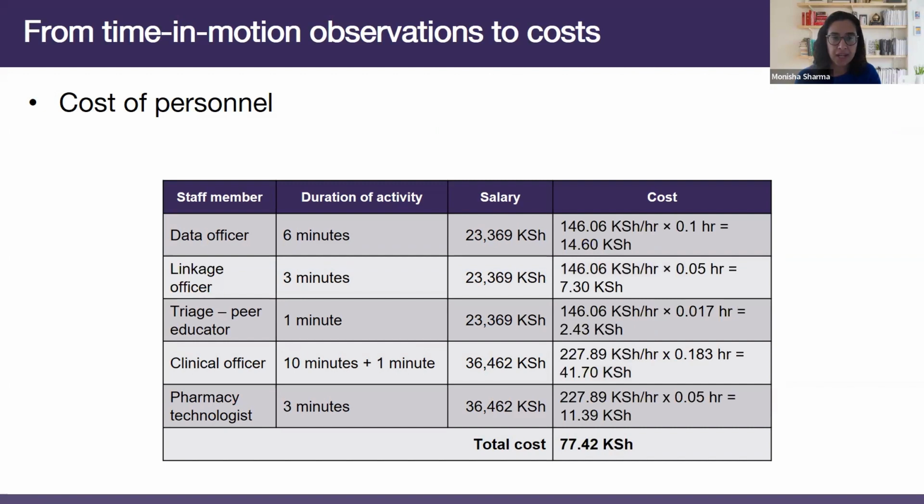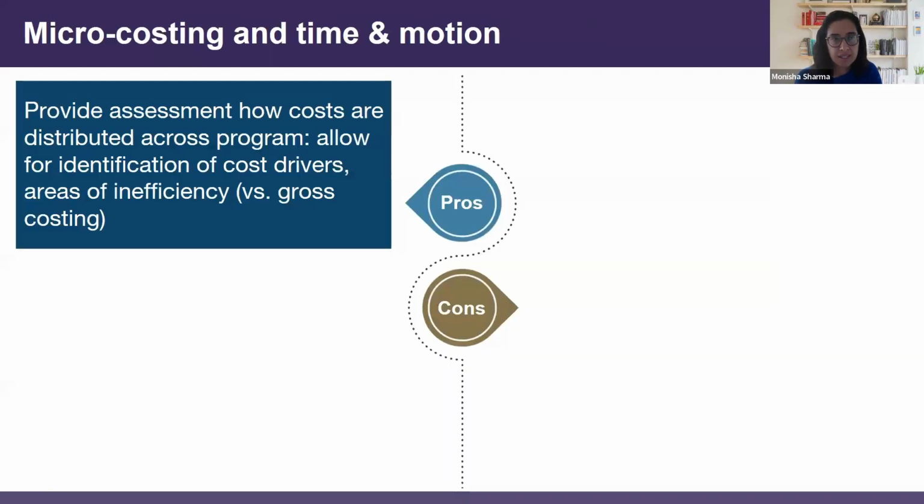And you can go through and multiply the minutes spent times their salary to get a total cost. So time and motion provides an assessment of how costs are distributed across a program. And this allows you to identify cost drivers and areas of inefficiency.